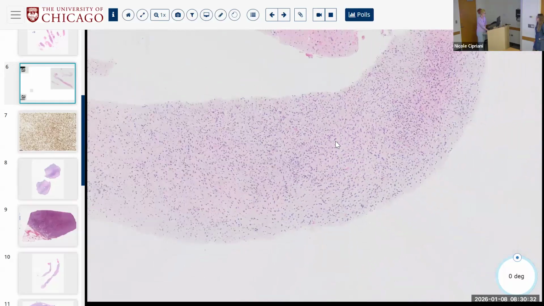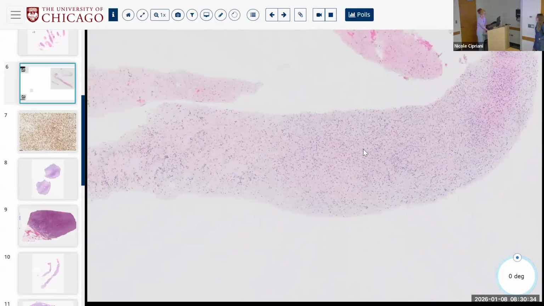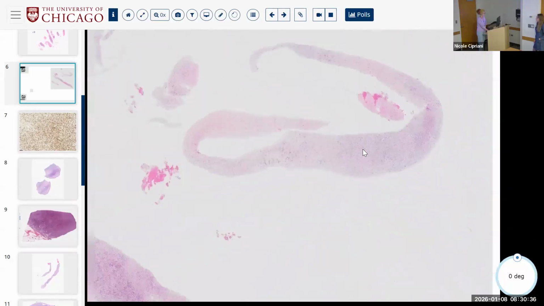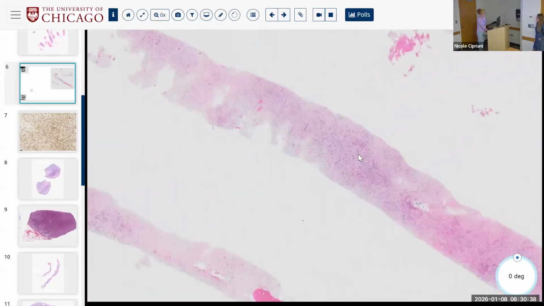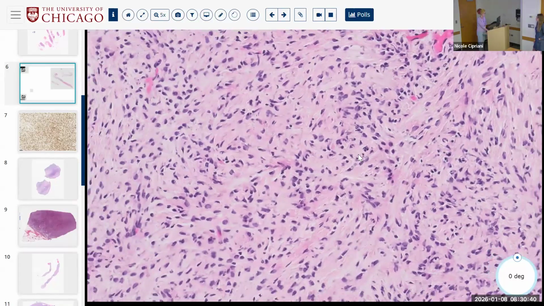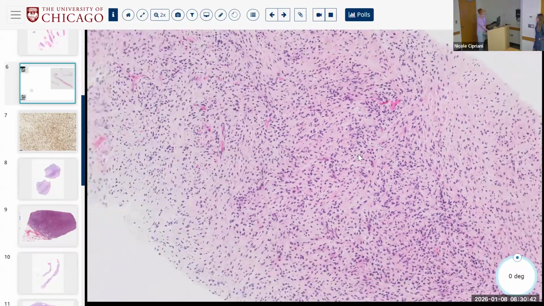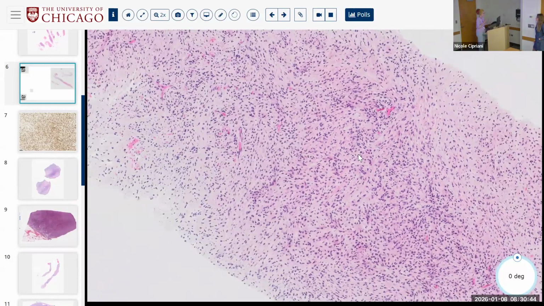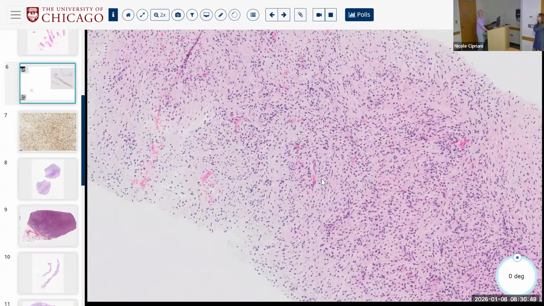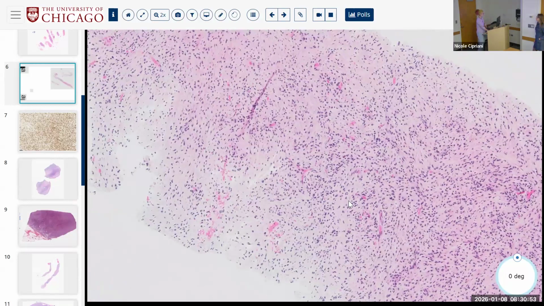There is not really mitosis or necrosis, and the pattern is all like this. Not really storiform, and vascular to remind you, there are some small thin vessels. But I think that's it for the picture of this lesion.